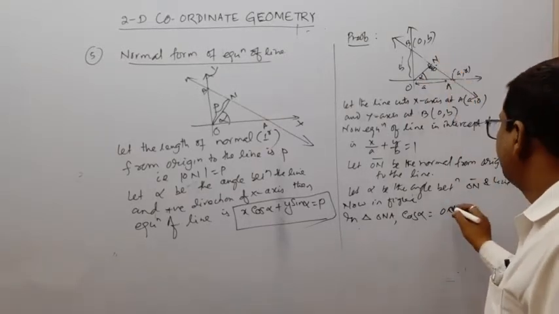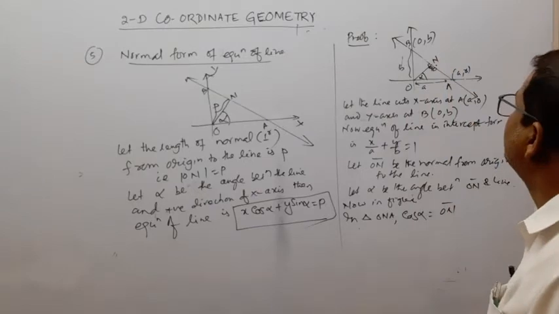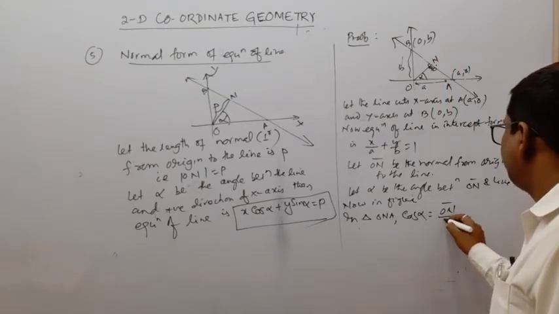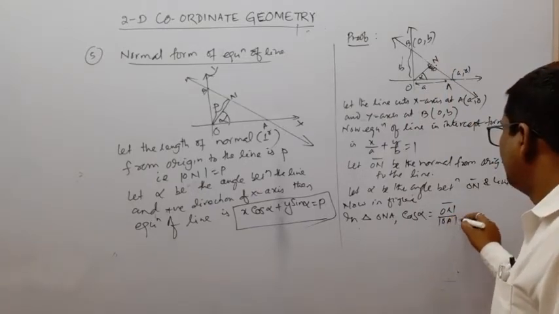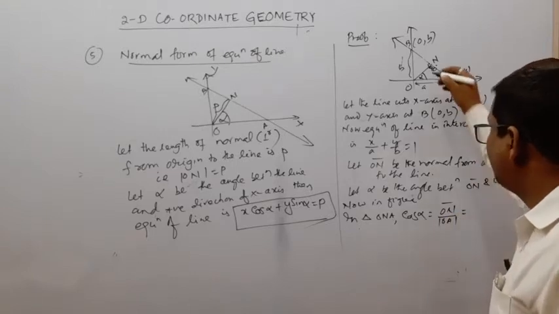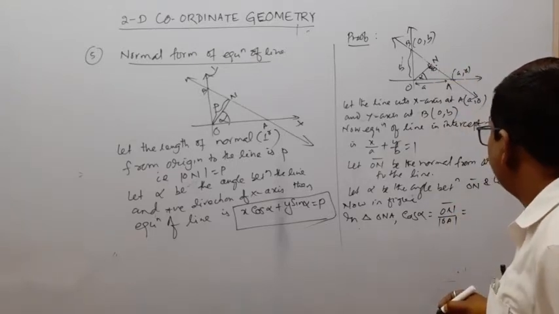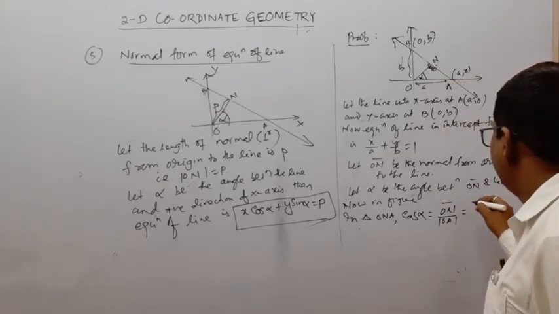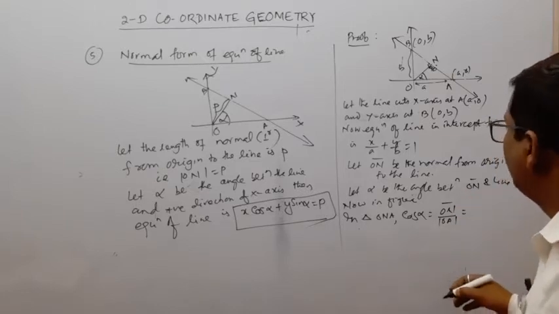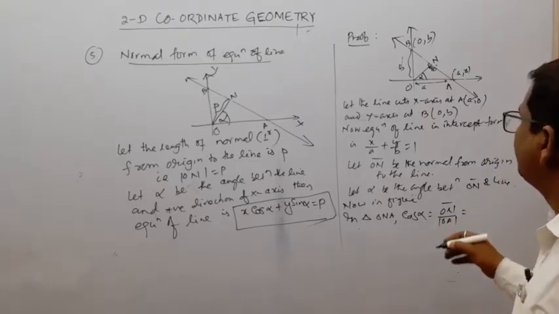ON by H means OA. So this is ON, which means what? This length is P. So let the length of ON be what?